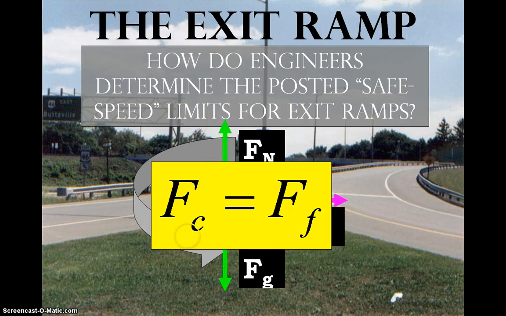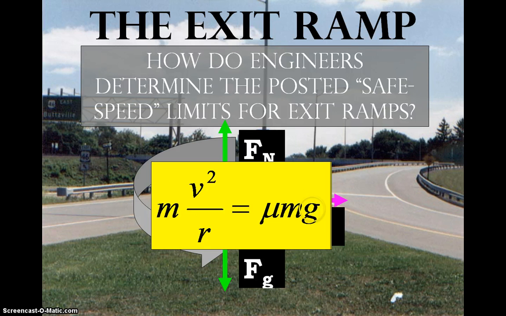So force centripetal is force friction. So we could set the equation for friction, which remember is mu Fn, which is also mu Fg, which is also mu mg, and that would be equal to your mv squared over r, or your centripetal force, okay?